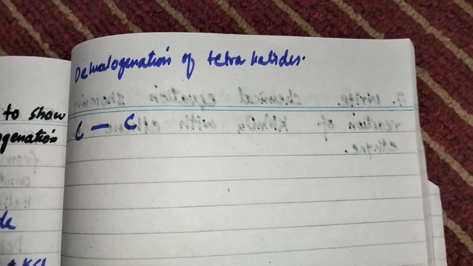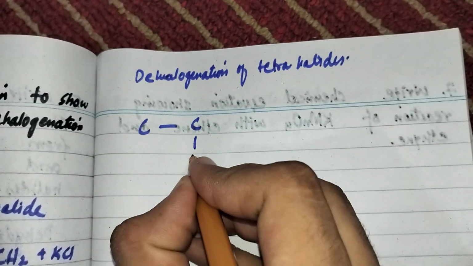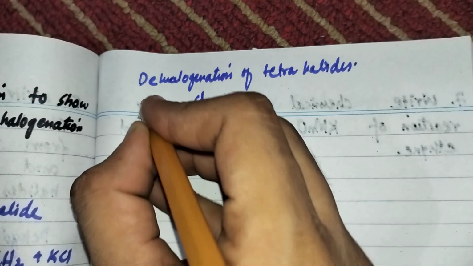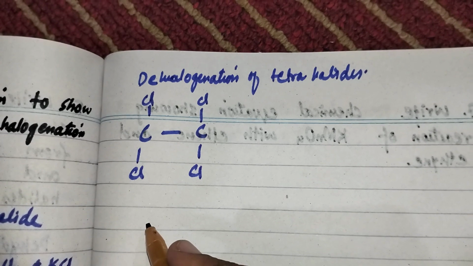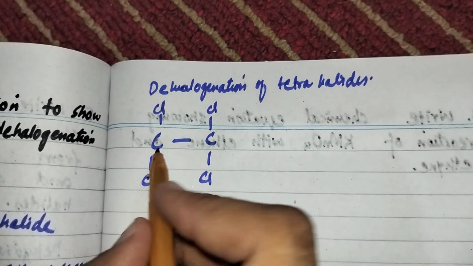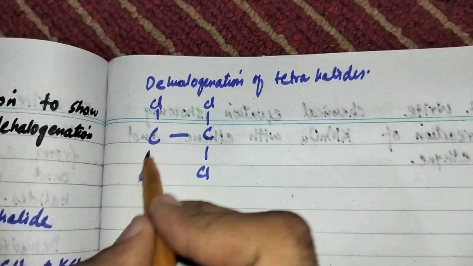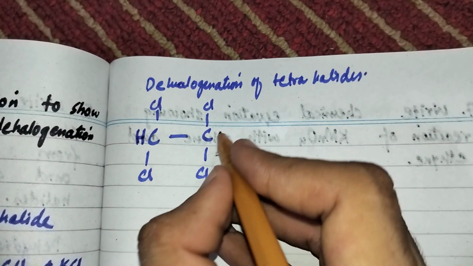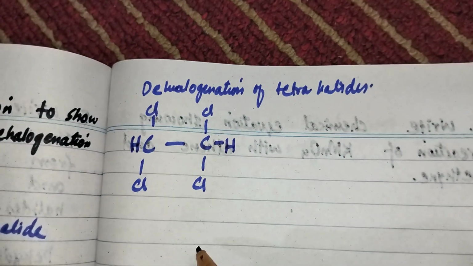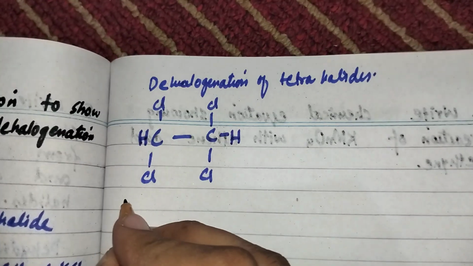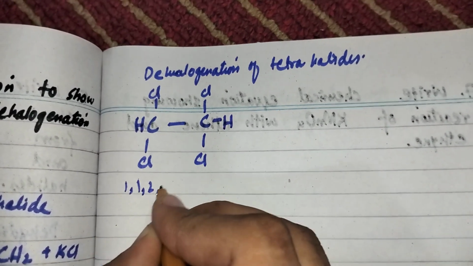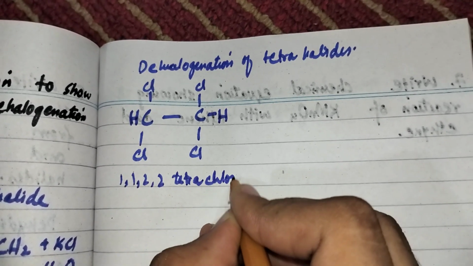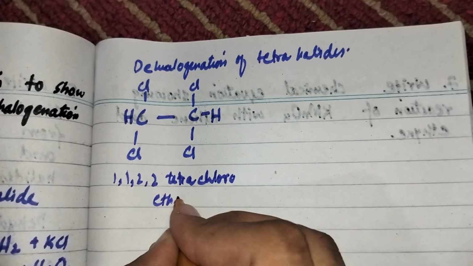One chlorine is attached to this carbon, one to this, one to this carbon, and one to this carbon. The remaining valencies will be completed by hydrogen atoms. This carbon has 3 valencies used, so the remaining 1 valency will be completed by 1 hydrogen. Similarly, 1 hydrogen will attach to the other. So this is 1,1,2,2 tetrachloroethane.